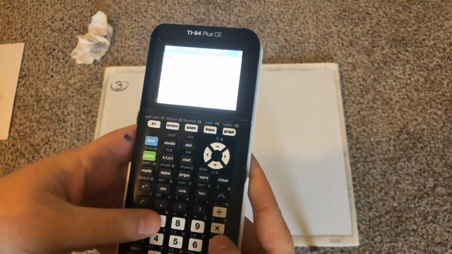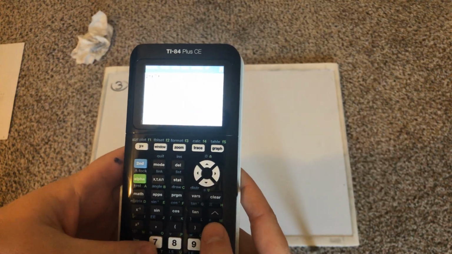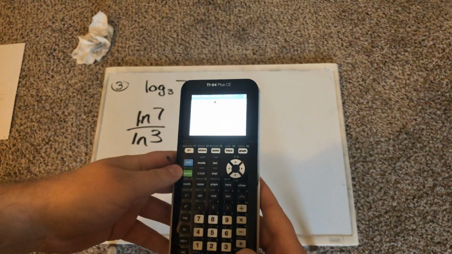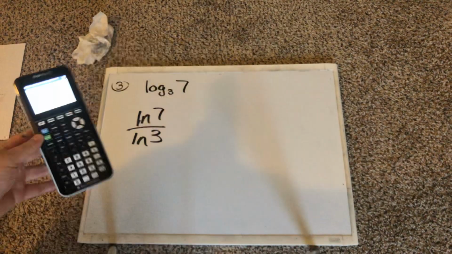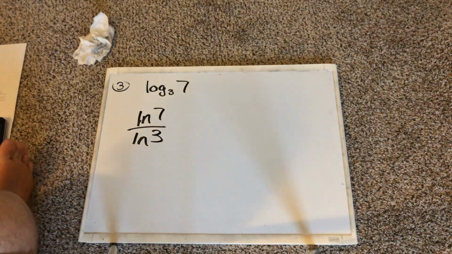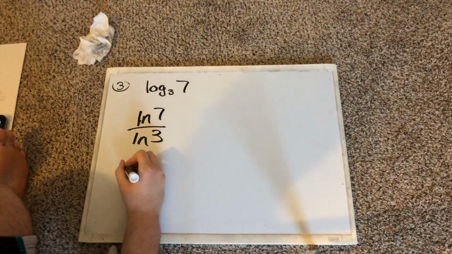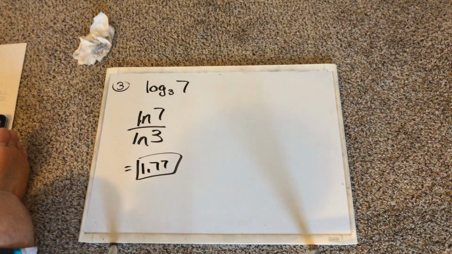Natural log 7 divided, or close that parenthesis, divided by natural log 3. And I know it's hard to see in my calculator because it's kind of bright, but make sure you're closing that parenthesis. And let's just round to 2 decimal places and we get 1.77. So that's easy.